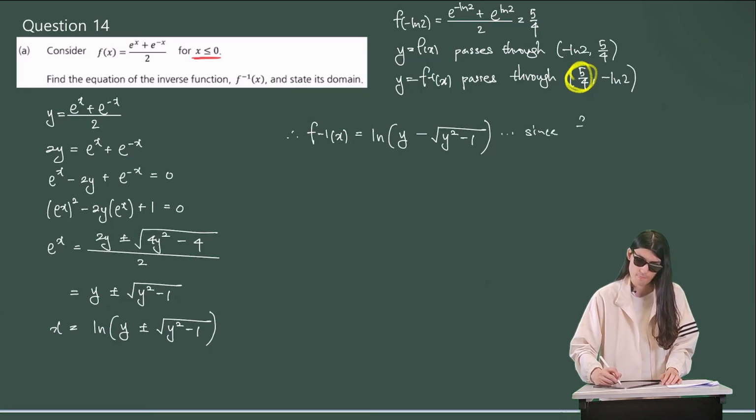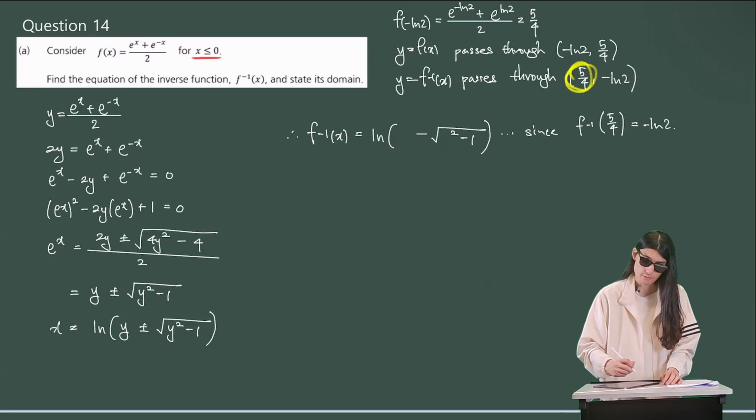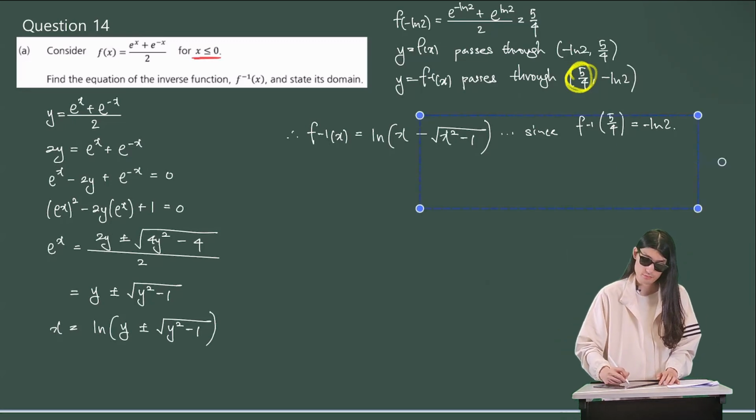Right? Since f inverse of 5 on 4 needs to be negative ln 2, right? And of course, I did say for the equation of the inverse function, I was going to replace y with x, okay?